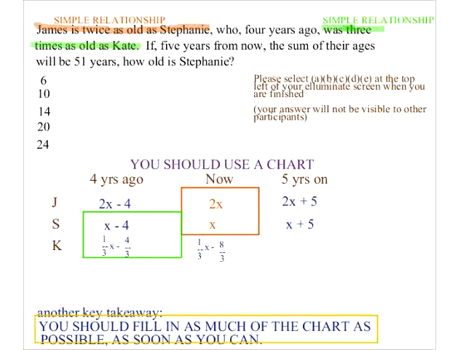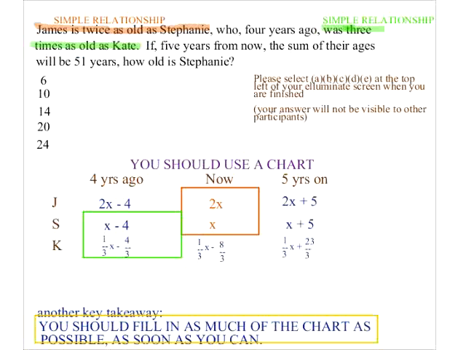And then you need to add 5 more years here. So this is 1/3 X. Pardon me, that's a mistake. Okay, so this is 1/3 X, and then you add another 5, and that gives you plus 23/3.